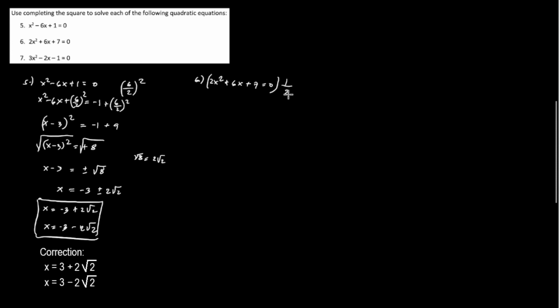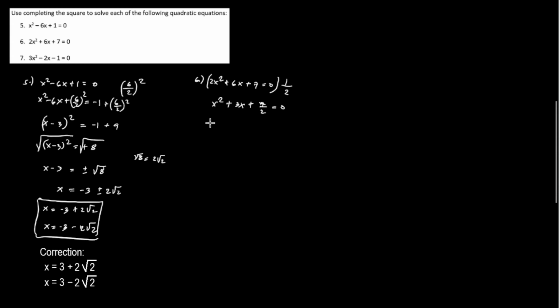So 1 over 2: 2x squared over 2, which is x squared, plus 6x over 2, that's 3x, plus 7 over 2, and equal to 0 times 1/2 is 0.